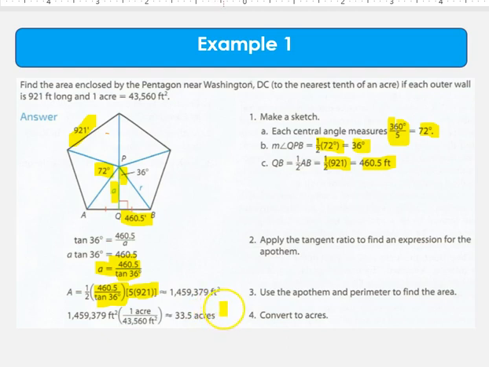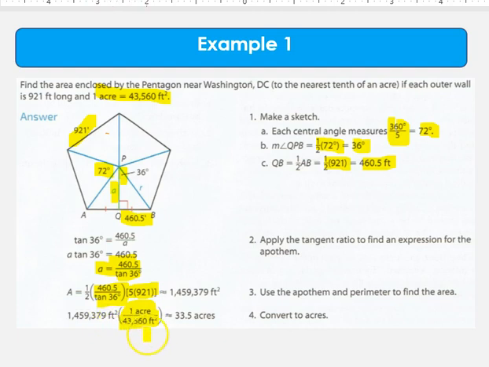1,459,379 feet squared. Now, one of the things they did throw in here, it says convert to acres. They gave you the ratio of 1 acre equals 43,560 feet squared. That's exactly how you write it in your conversion formula. 1 acre is to 43,560 feet squared.